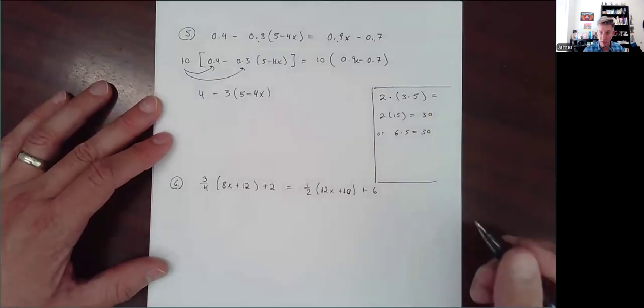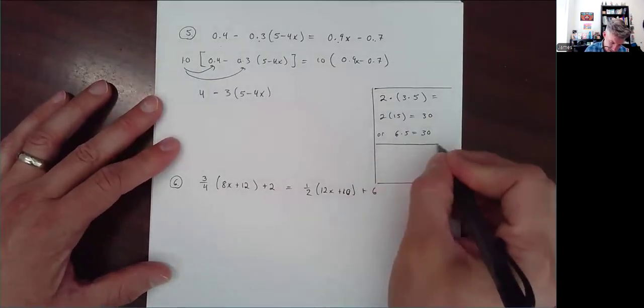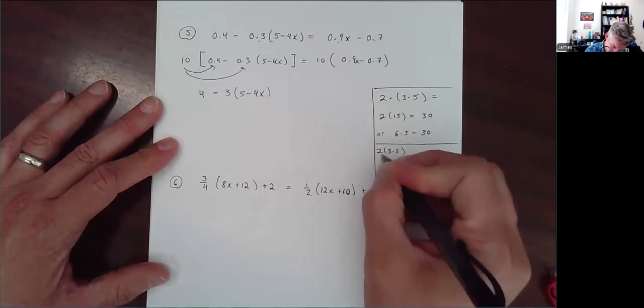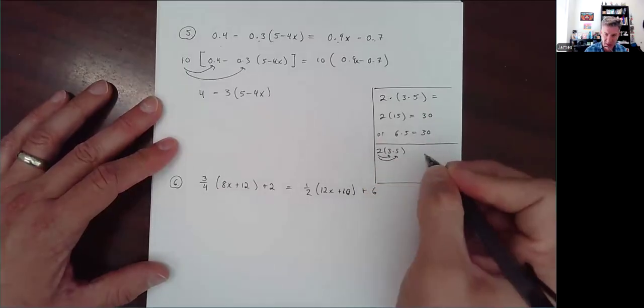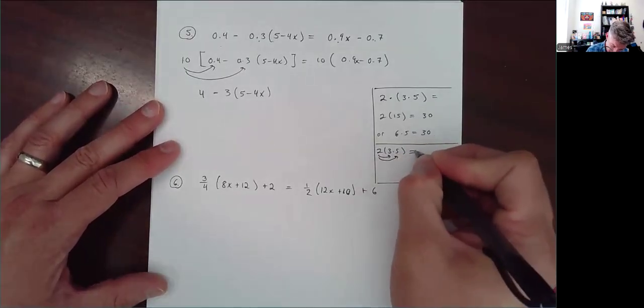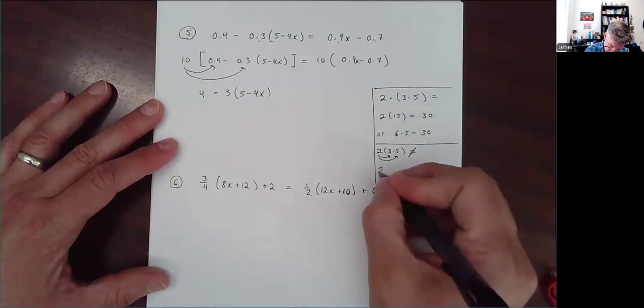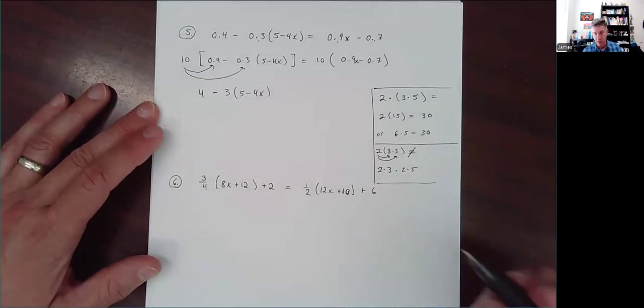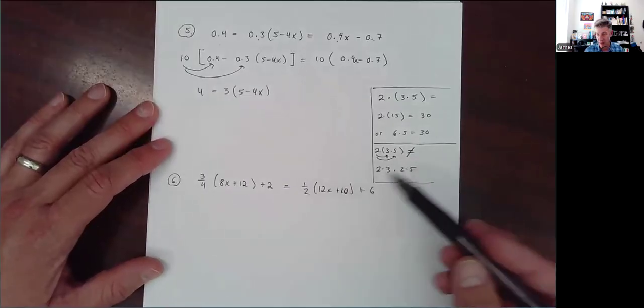But what you can't do is say the 2 distributes, because if you try that, look what happens. If you try distributing the 2 to each term, you're actually multiplying by an extra 2. You'd be saying it's equal to 2 times 3 times 2 times 5, right? We cannot distribute across multiplication like that.